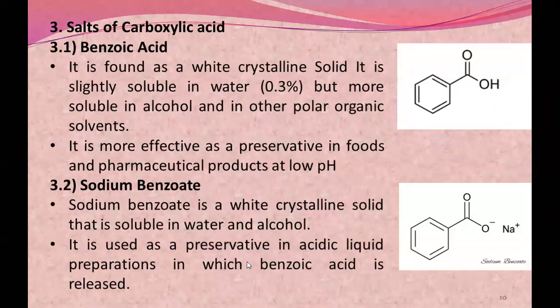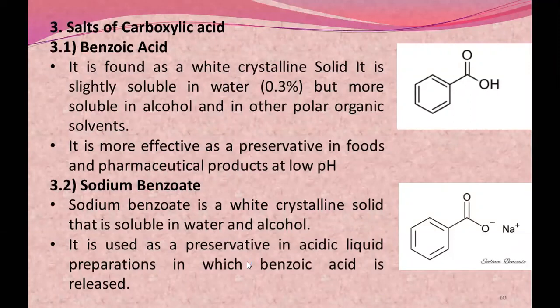Third, salts of carboxylic acid like benzoic acid salts are used. Benzoic acid is also used as a preservative. It is a white crystalline solid, slightly soluble in water but more soluble in alcohol. It is more effective as a preservative in foods and pharmaceutical products at low pH. This is very important, just make sure you memorize this.